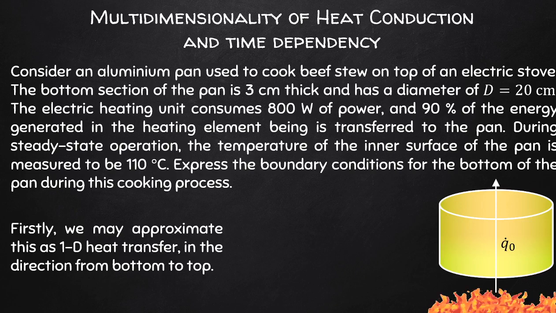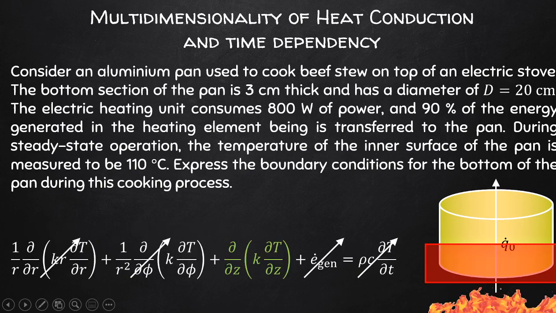So firstly, we can assume 1D heat transfer. This is through the z direction. So using cylindrical coordinates as our coordinate system, we can simplify our general heat equation and say that heat is only being transferred in the z direction and there's no heat being generated within the control volume that we're looking at.